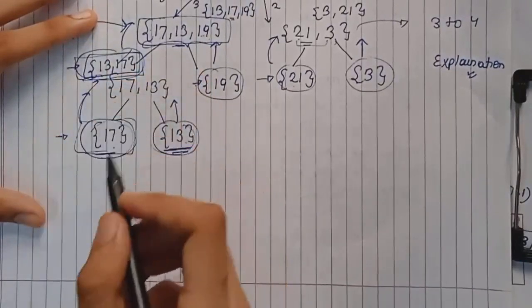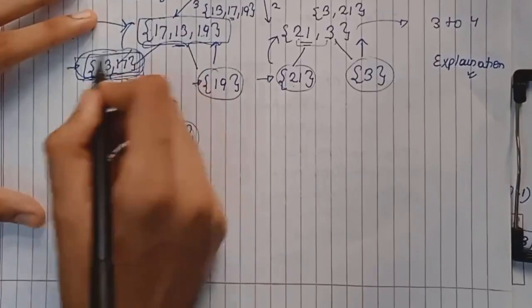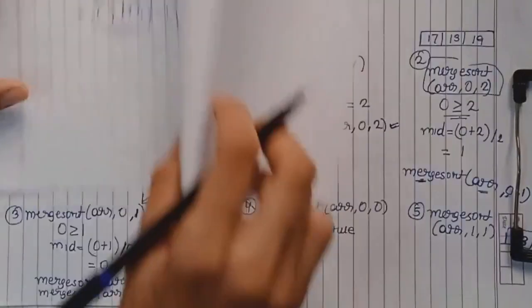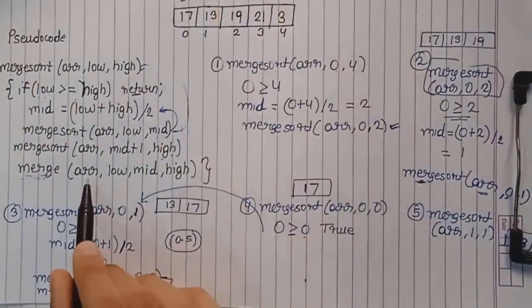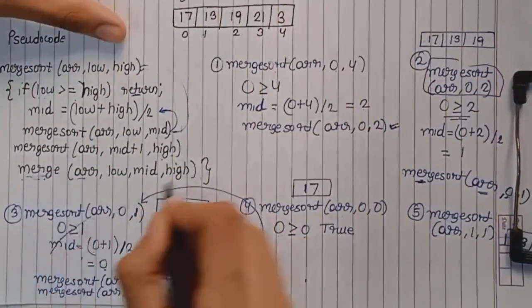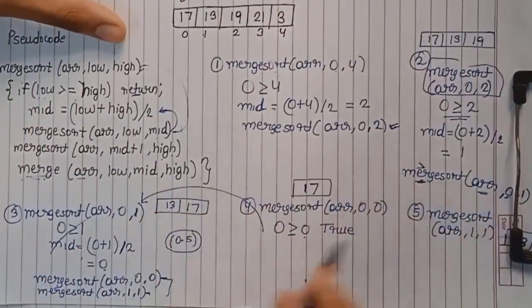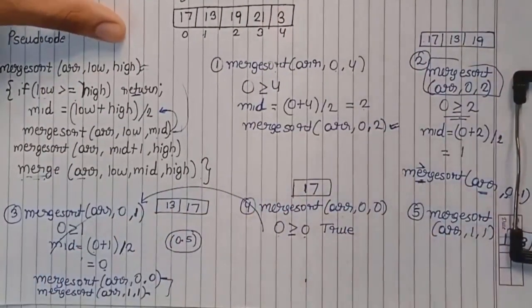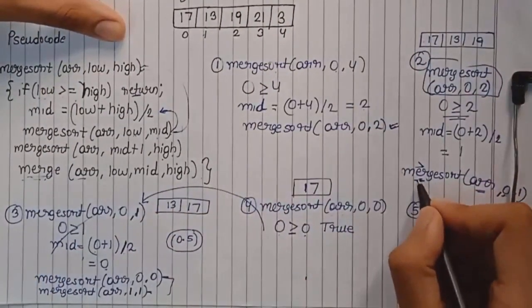So with the help of that merge function, we have reached this step till now. So now as you can see, after the merge function, this function will return to the place from where it was called. So now we are again at this step.